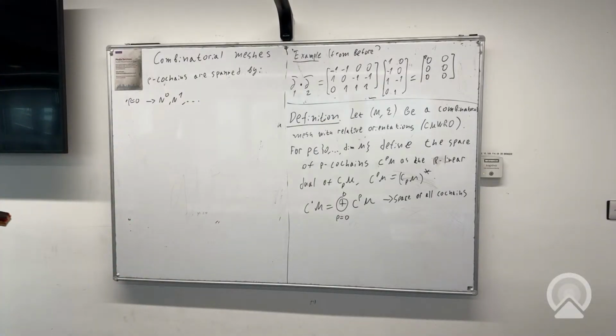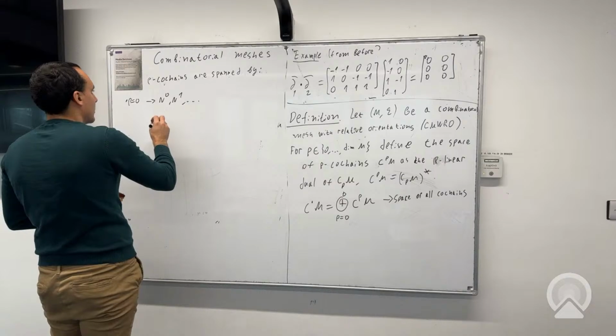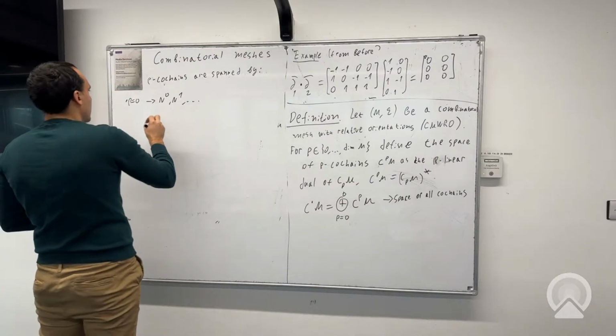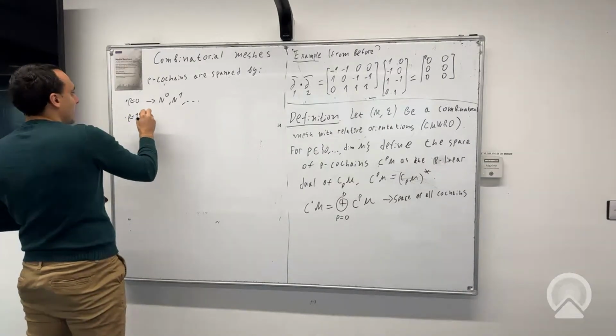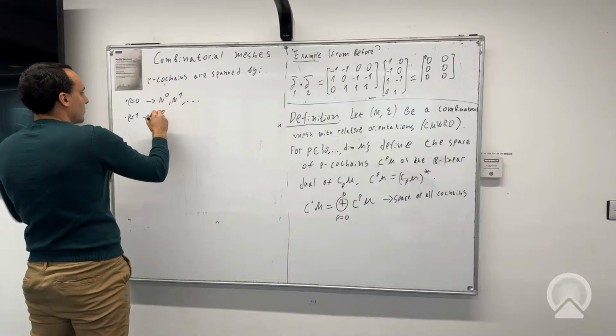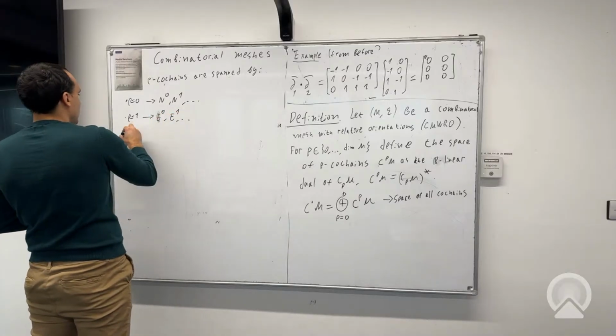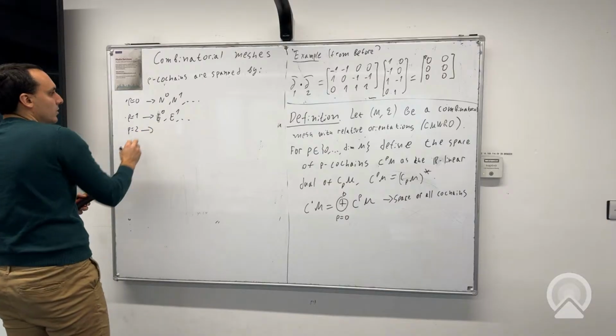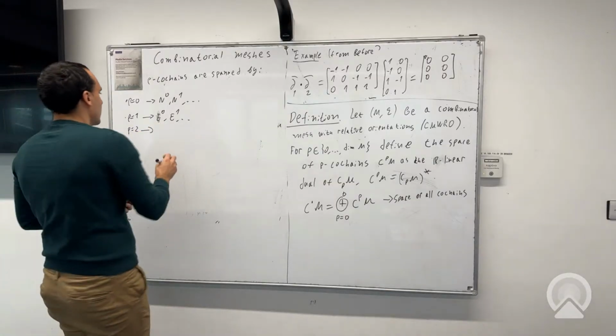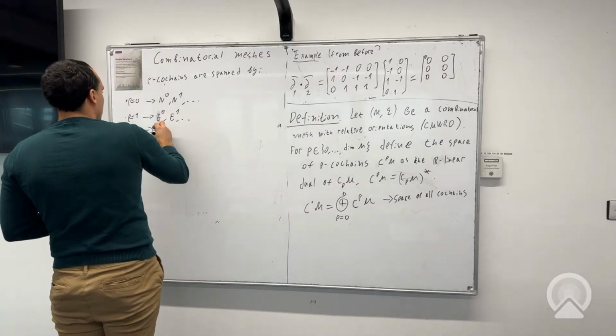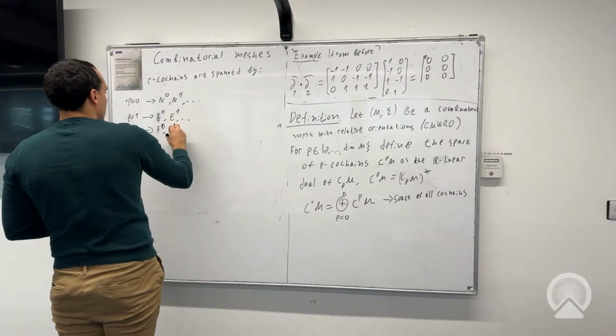For p equals 1, E0, E1, and so on. For p equals 2, F0, F1, and so on.